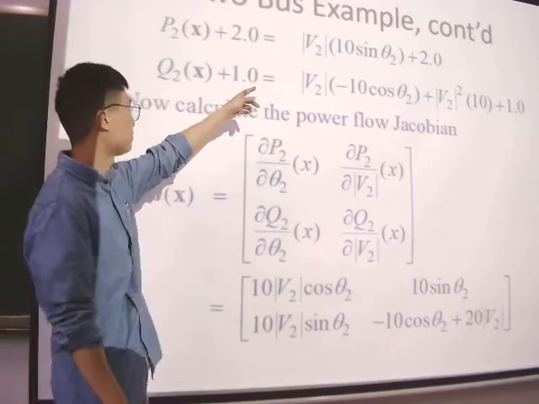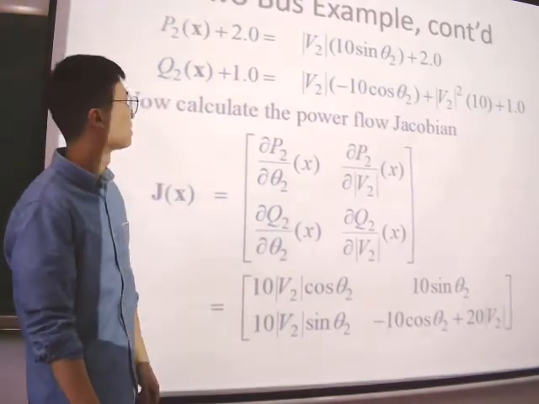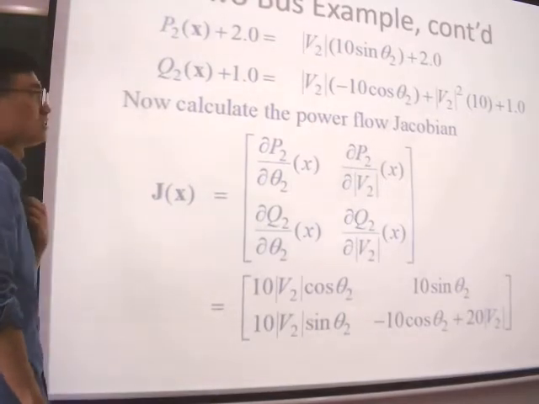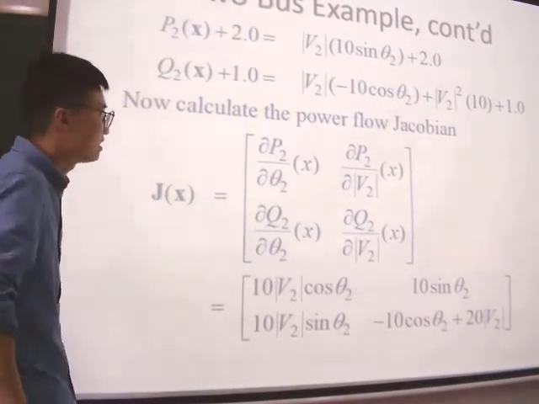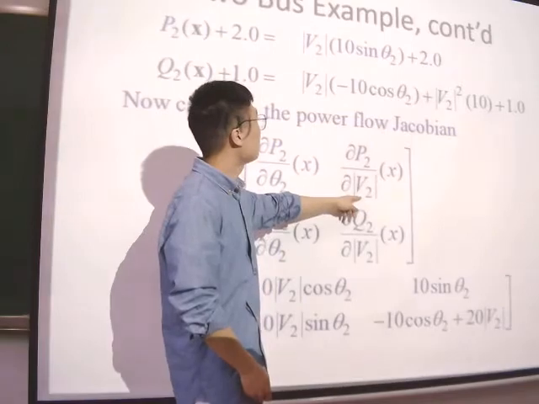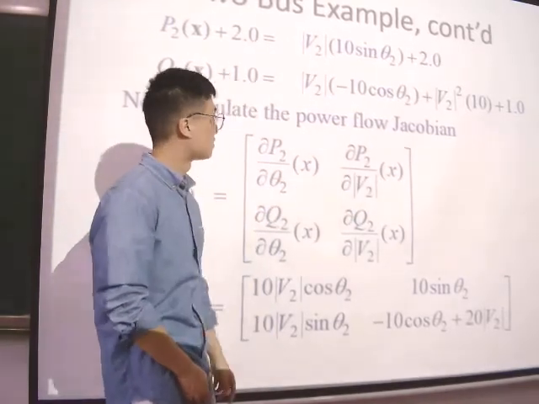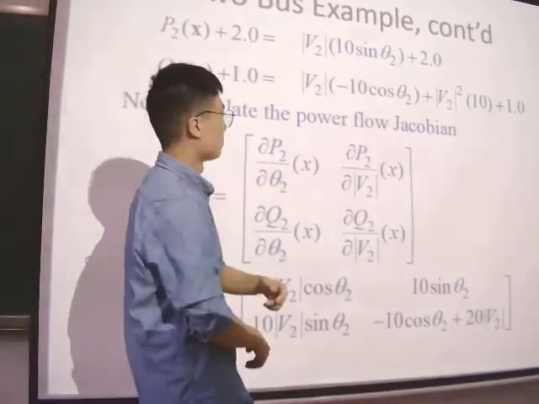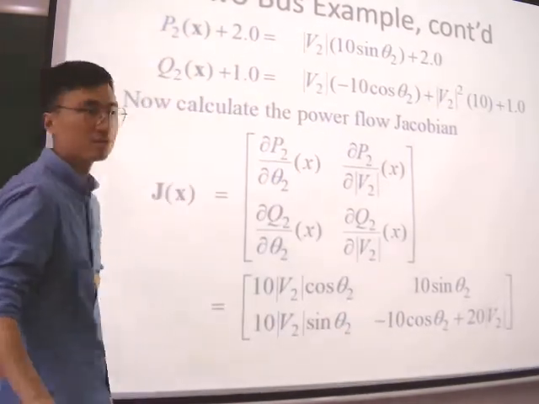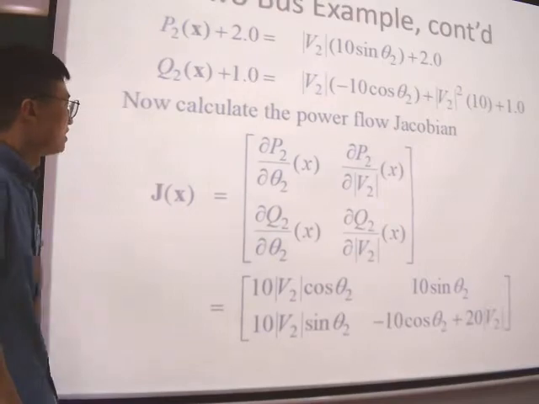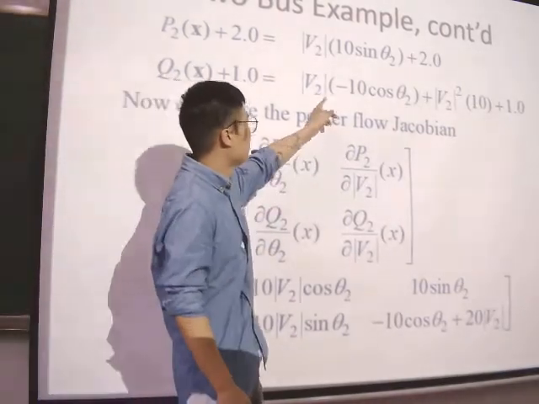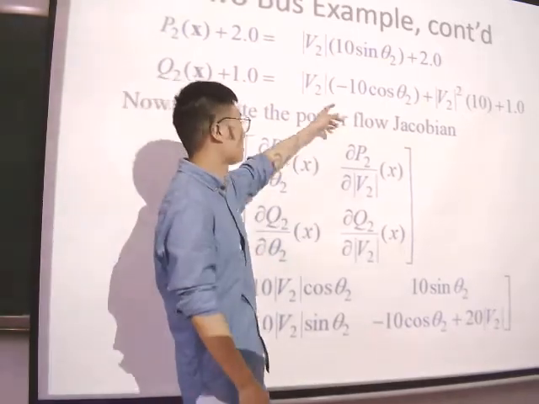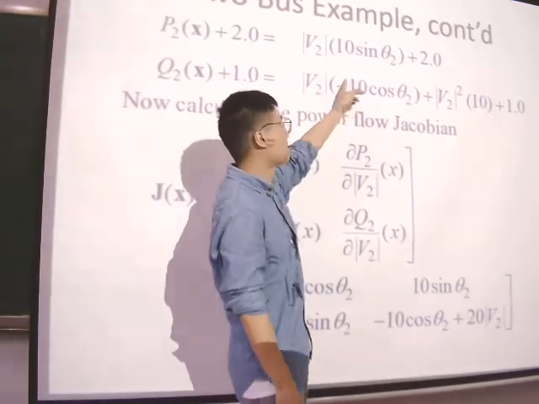Because P2 is 10, and the derivative of 10 sine theta 2 is 10 cosine theta 2. The cosine derivative is the negative sine, so times negative, positive.